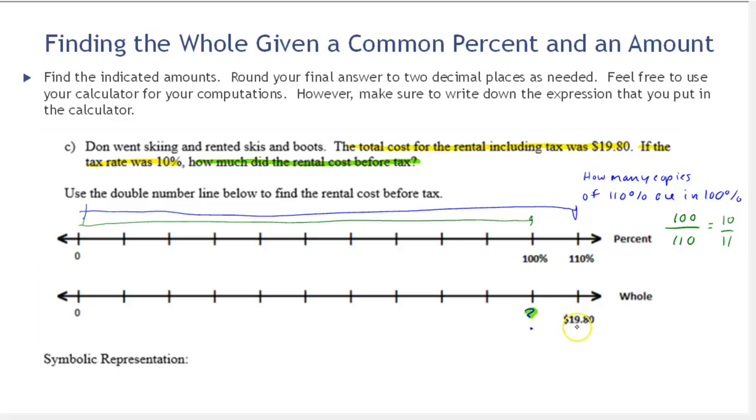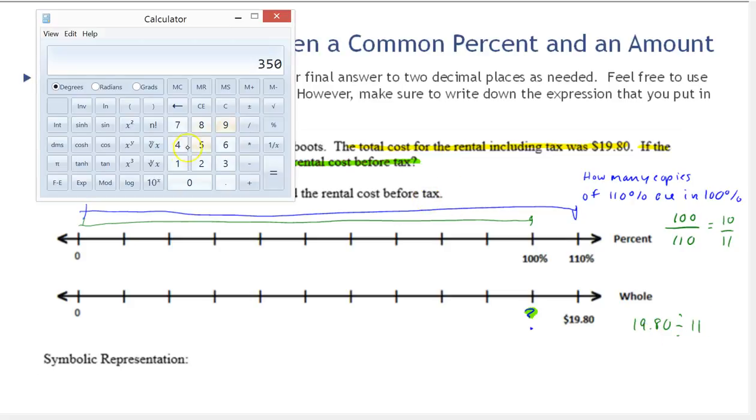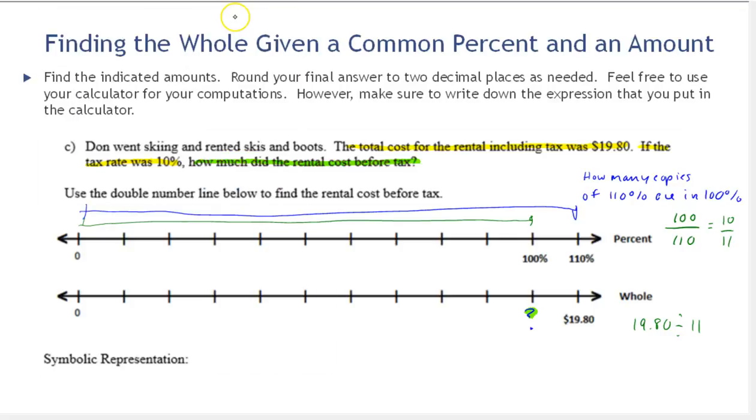So $19.80, if this is broken into 11 equal pieces, this is 1, 2, 3, 4, 5, 6, 7, 8, 9, 10, 11, and I knew that because 110 divided by 10 is 11, then each piece is $19.80 divided by 11, each piece is $1.80.